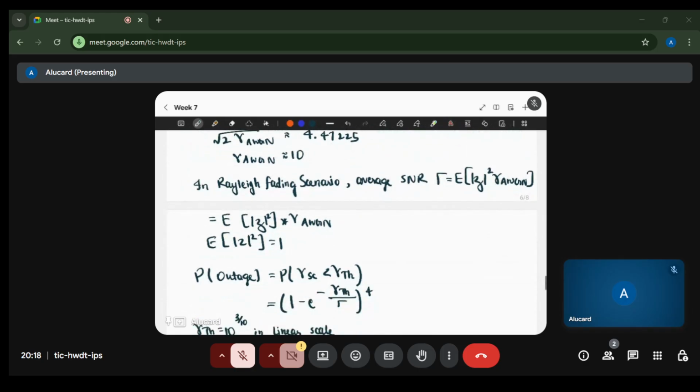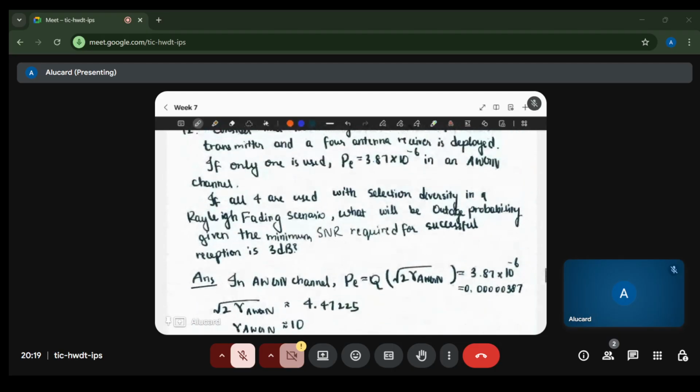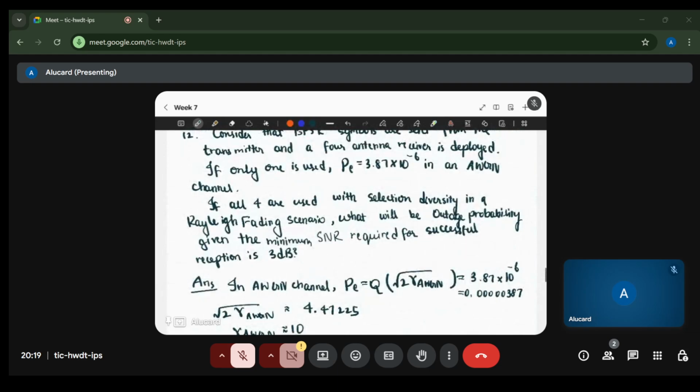Then like we did in the previous question, P outage is P of gamma less than gamma threshold, which is 1 minus e power minus gamma threshold by capital Gamma, the whole thing to the power m. Here m is 4. Gamma threshold is 10 power 3 over 10 in the linear scale because the minimum SNR required for successful reception is 3 dB.